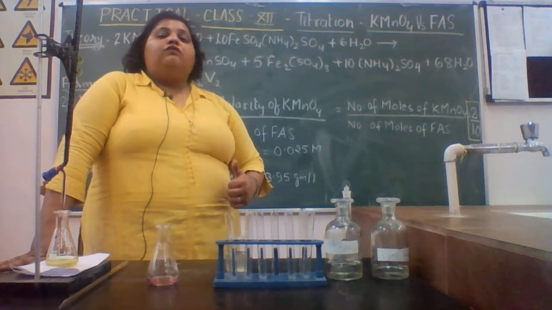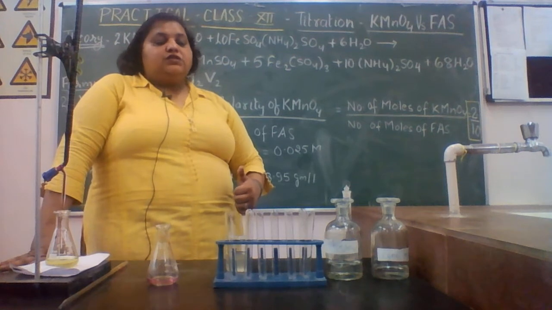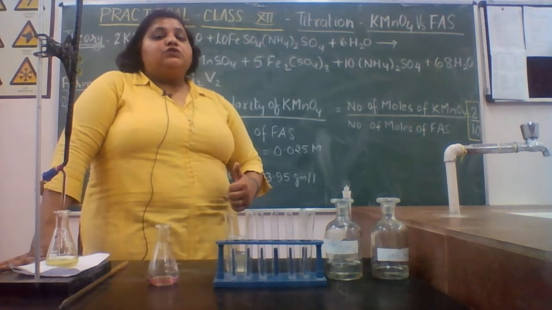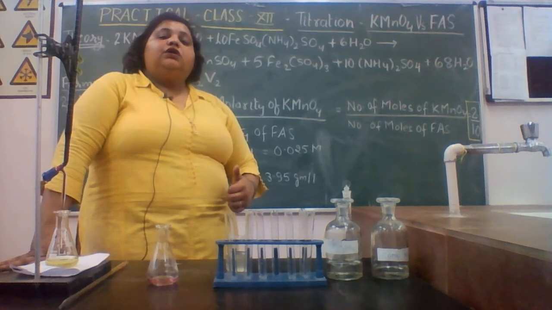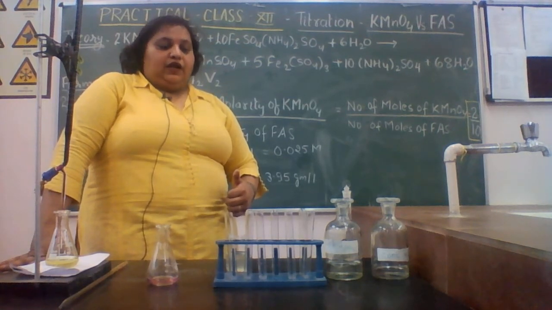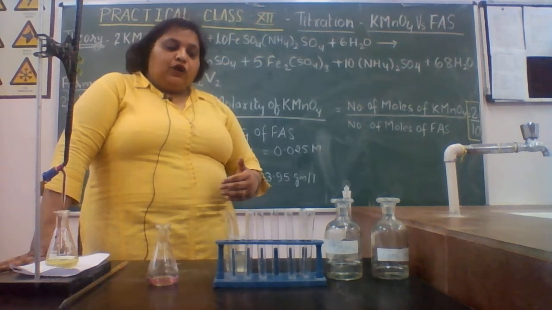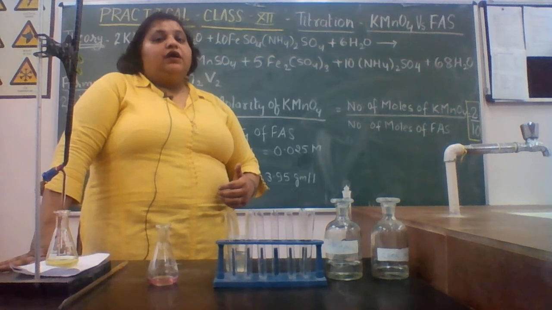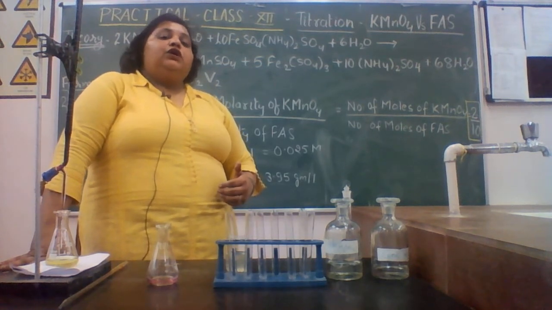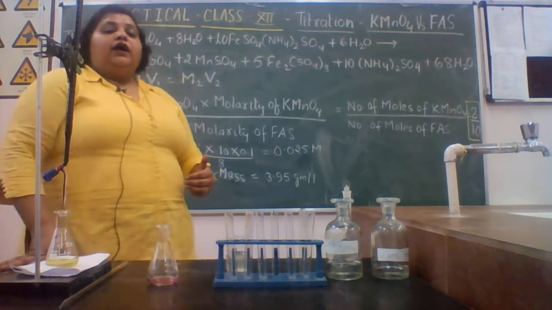Always and always, before using any apparatus, rinse it with the solution that you are going to use in that particular device, right, and add the solution drop by drop. If you follow these precautions, definitely your result will be correct. You will do the practical very smoothly and accurately.